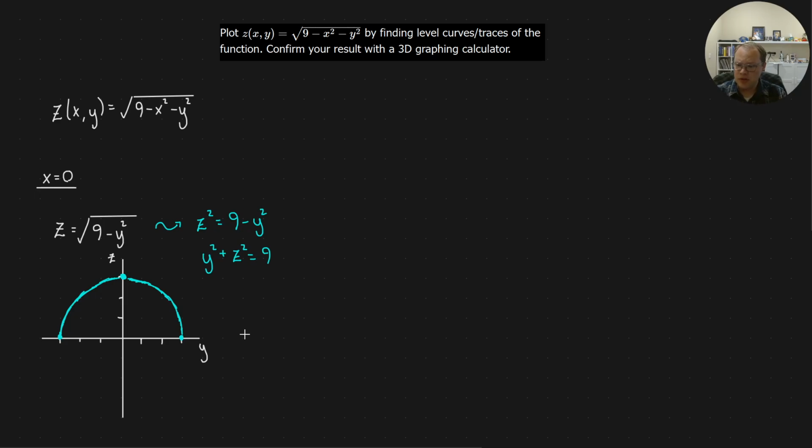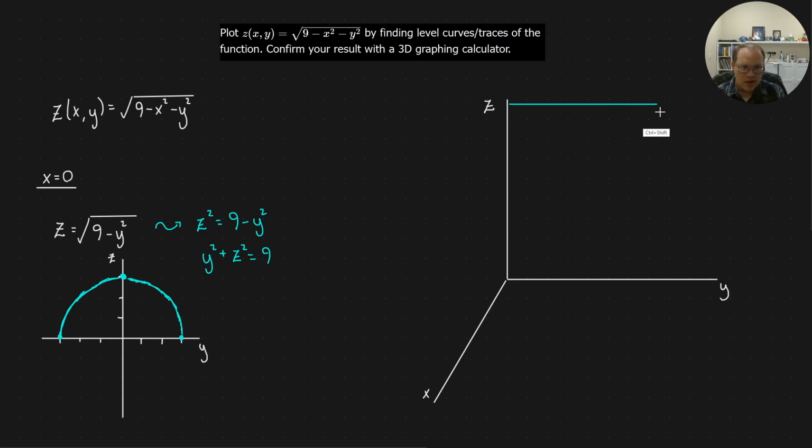So we have half a circle in the YZ plane. That's one of our vertical traces. Let me plot this in 3 dimensions. X-axis, Y-axis, Z-axis. Here is our YZ plane. And I'm going to draw a half circle.